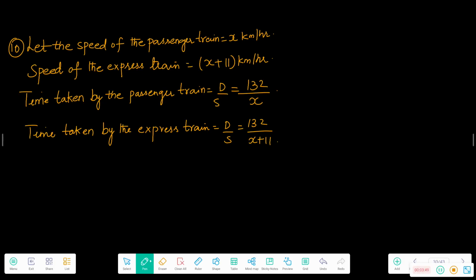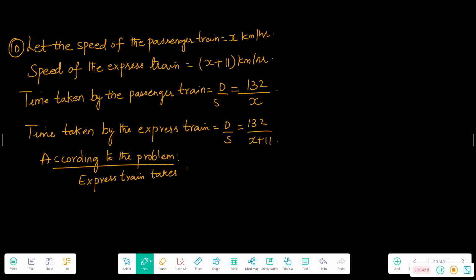Now according to the problem, the express train takes 1 hour less than the passenger train.